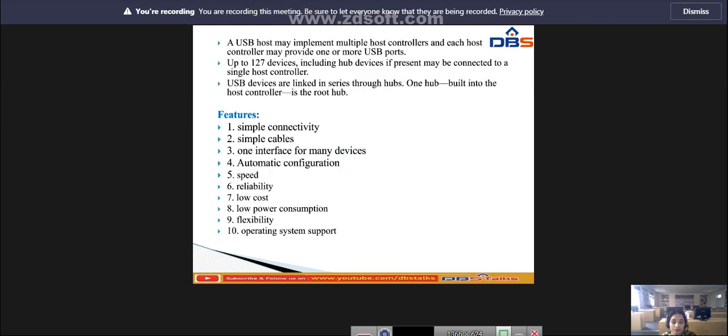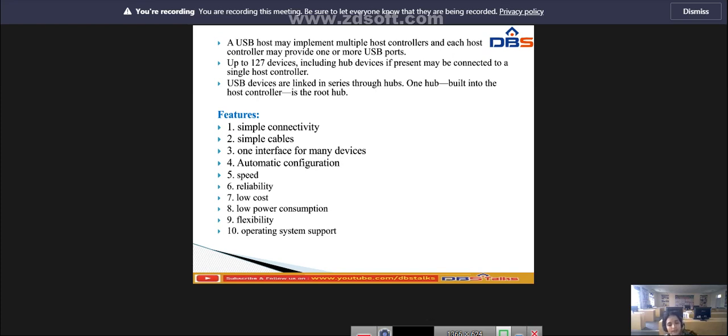Next, coming to features: simple connectivity, simple cables, one interface for many devices, automatic configuration, speed, reliability, low cost, low power consumption, flexibility, operating system support. These are the features of USB. What is meant by simple connectivity?